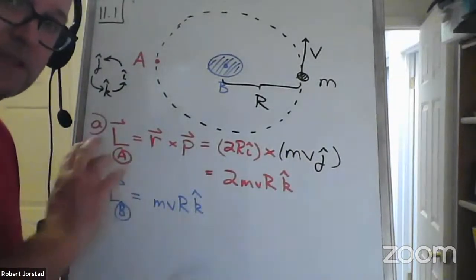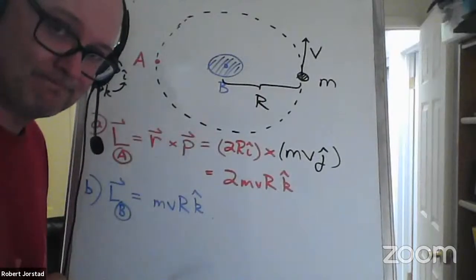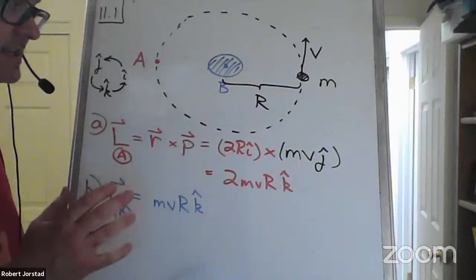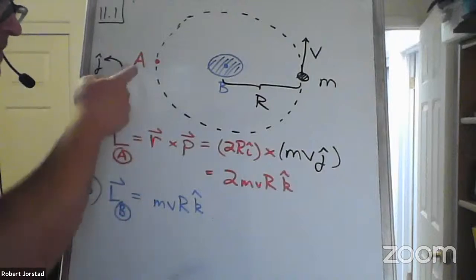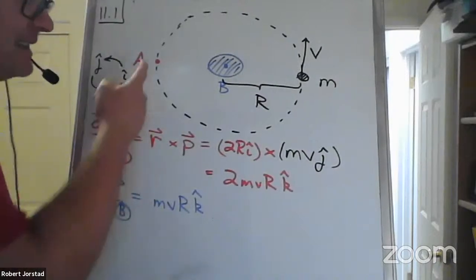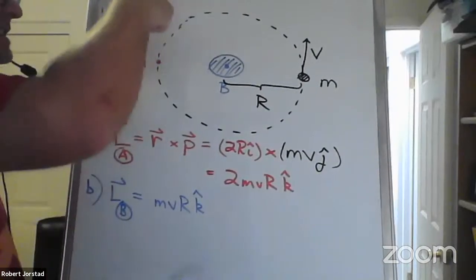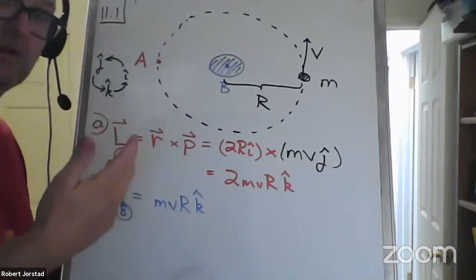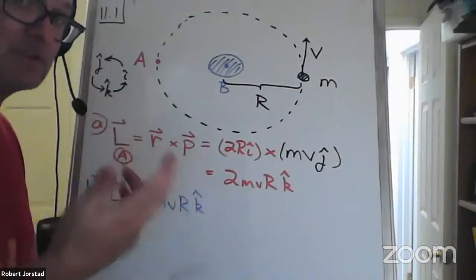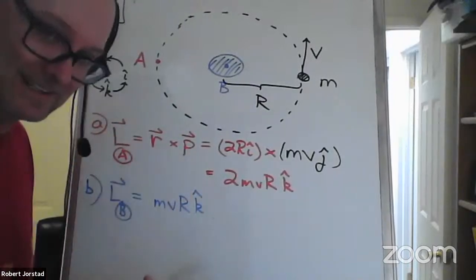Now, I want to point two things out. One, you could pick any point you want. This is the angular momentum about point A. You could pick this spot right here, or this spot. Now we're going to discover in the next part, some choices are better than others.